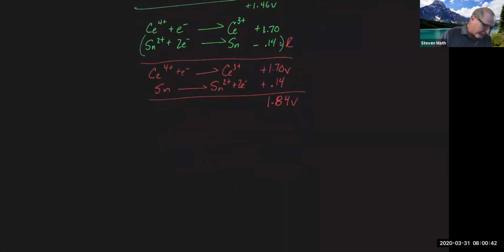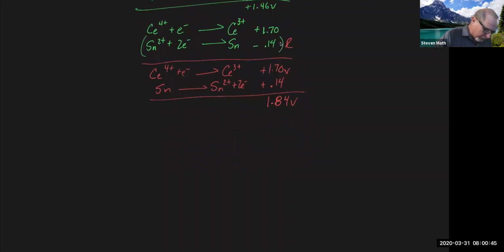You could do this if you had 2 negatives. If you had one reaction where A plus an electron goes down to A minus, and you could have B plus an electron goes down to B minus, and this was a negative 0.25 volts, and this was a negative 0.15 volts.